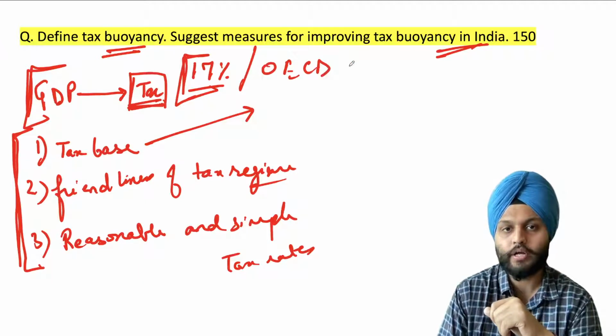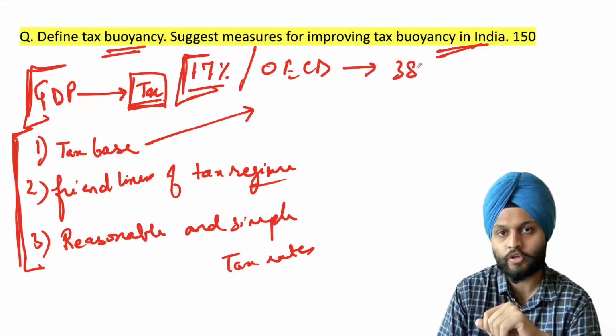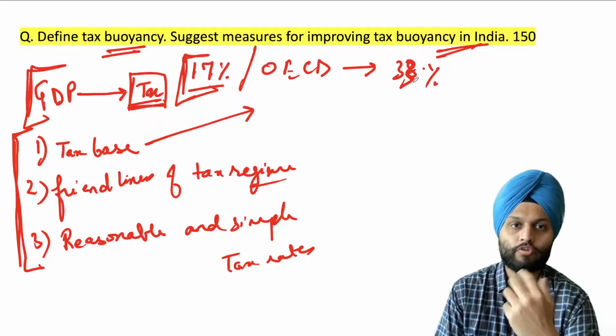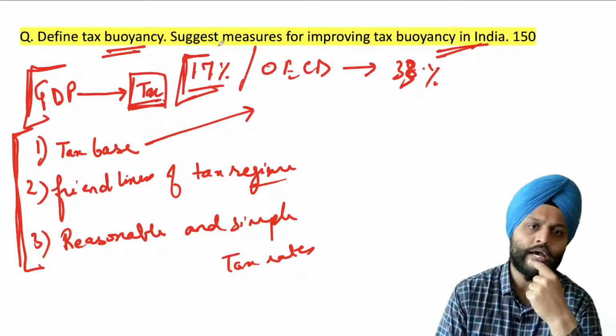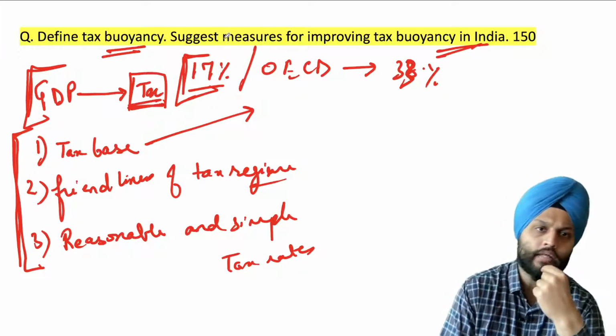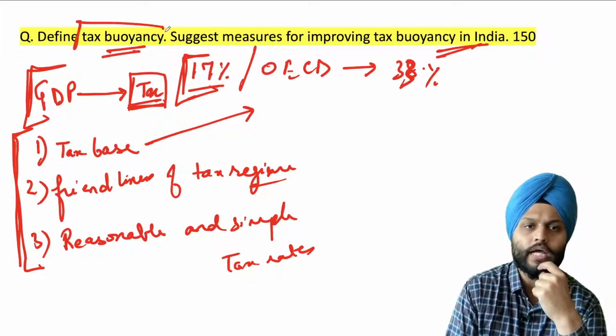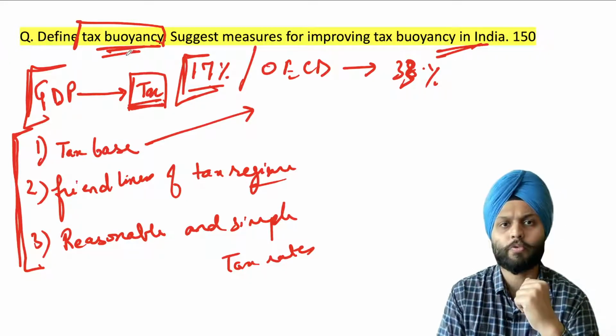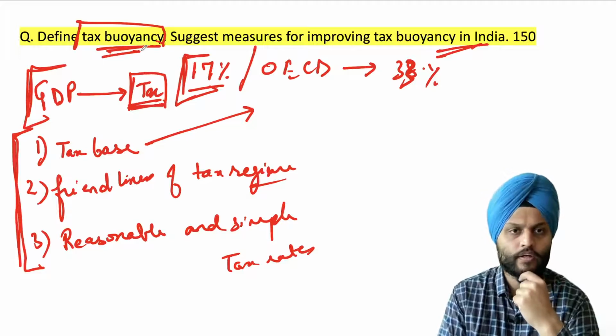In OECD, developed countries, the taxation regime is on an average about 33%, 1/3 of the income. Why is the tax to GDP ratio in our country less? And this answers why the tax buoyancy is less in our country. In a way, yes, by proxy, we can say this.